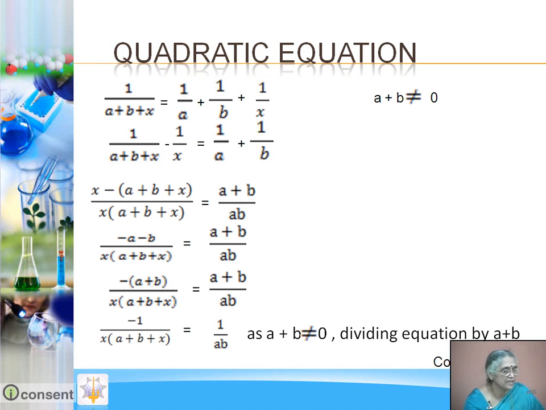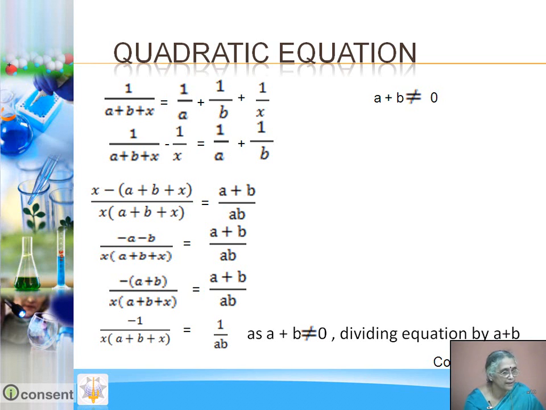Now the given quadratic equation is 1 upon (a plus b plus x) is equal to 1 upon a plus 1 upon b plus 1 upon x. The condition given is a plus b is non-zero. Now we'll transfer the term containing x to LHS.